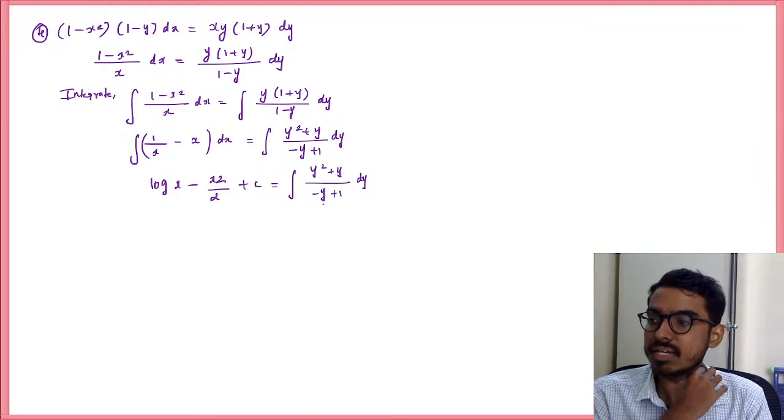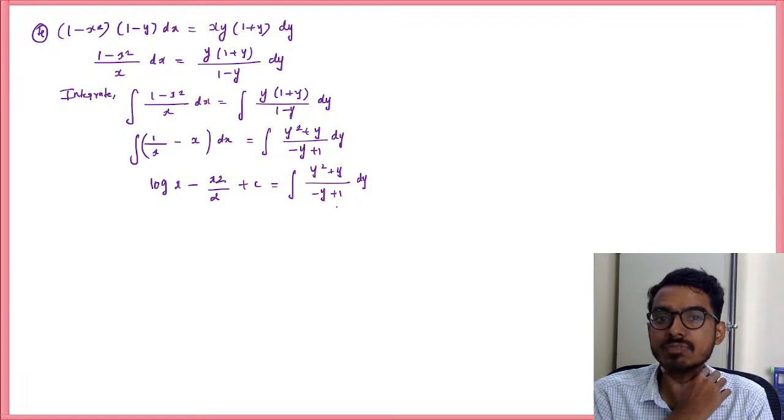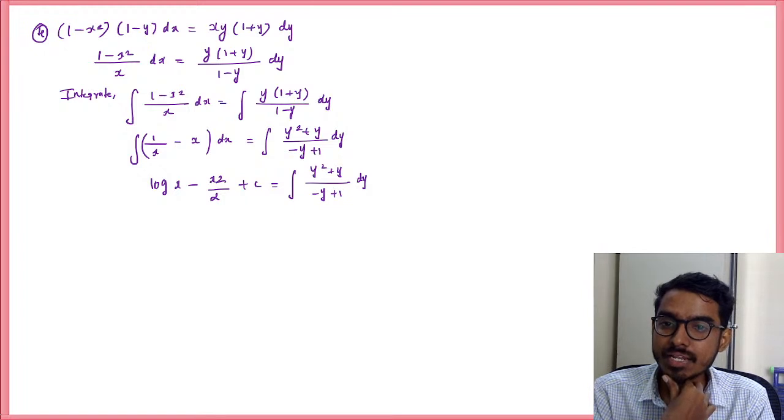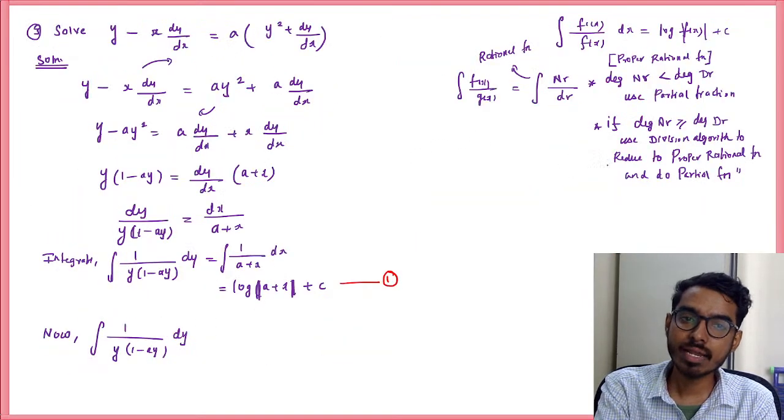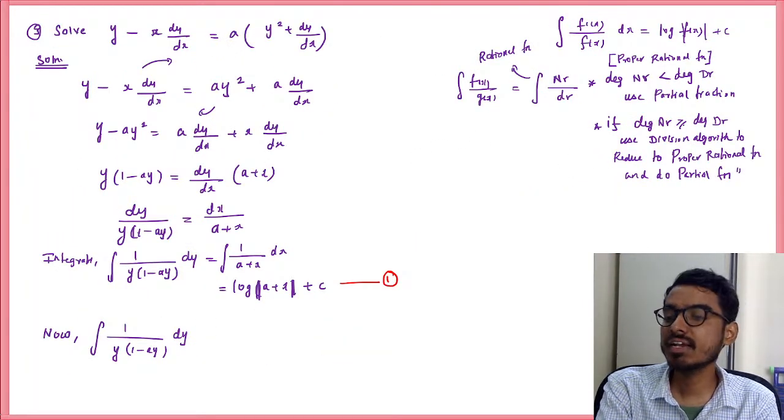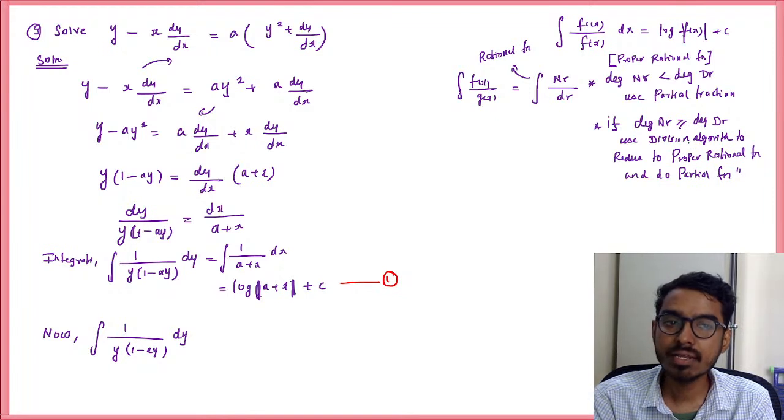Now remember, this is a rational function. We have f of x by g of x, but it is not a proper rational function. Degree of numerator is 2, degree of denominator is 1. So in that case, we will fall here, right? If degree of numerator is greater than or equal to degree of denominator, use division algorithm to reduce to proper rational function and then do partial fraction.